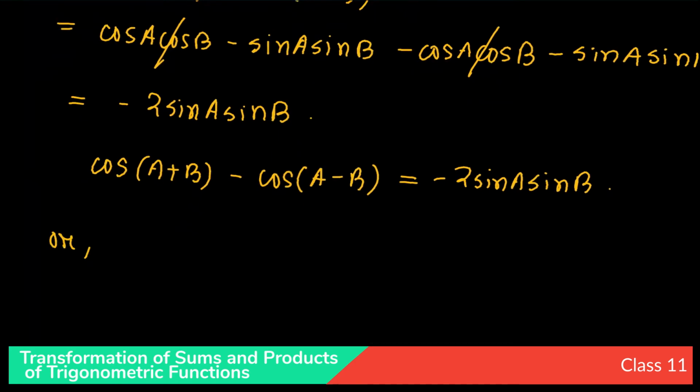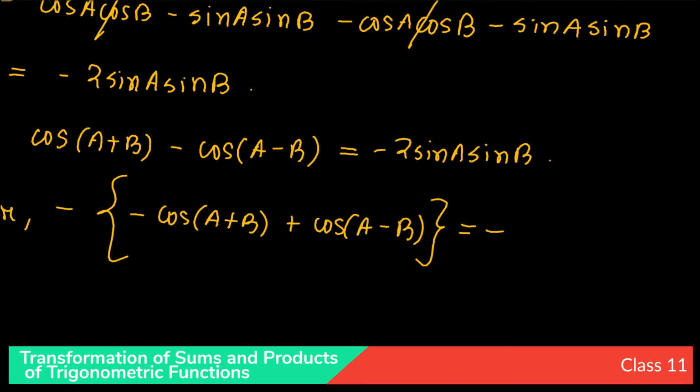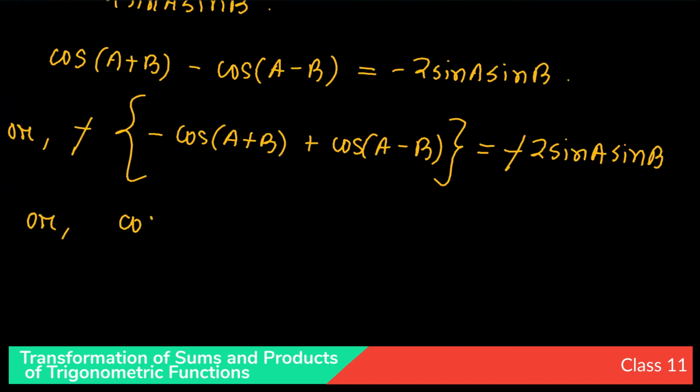So we can write that minus cos of A plus B will become plus cos of A minus B, and it is minus 2 sin A sin B. Now you can see this minus I can cancel, so I will be left with cos of A minus B minus cos of A plus B is equal to 2 sin A sin B.